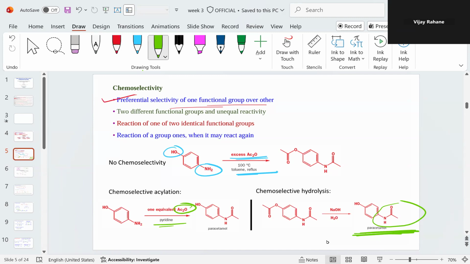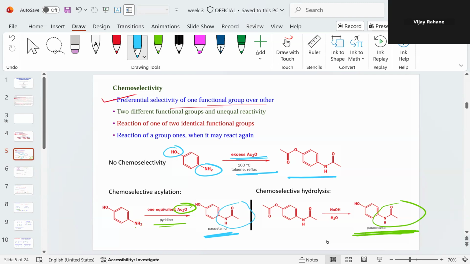If you look at the reactivity of this OH and the NH2, the NH2 is more electron rich compared to the OH group, and therefore we get this product in which the nitrogen has the acetyl group attached, and we get our desired product paracetamol. Or else, what can we do?